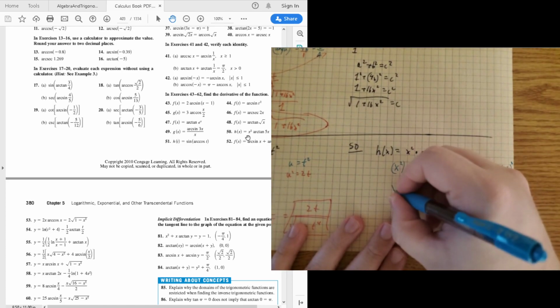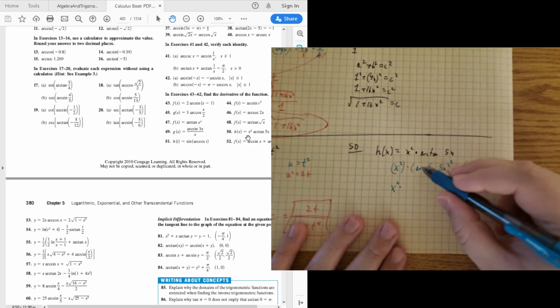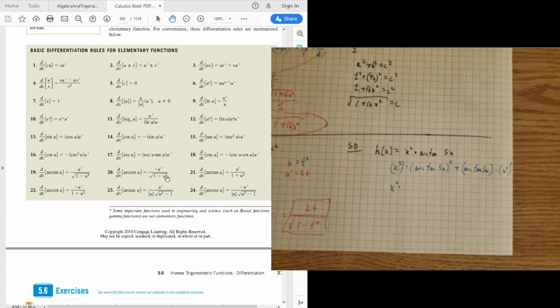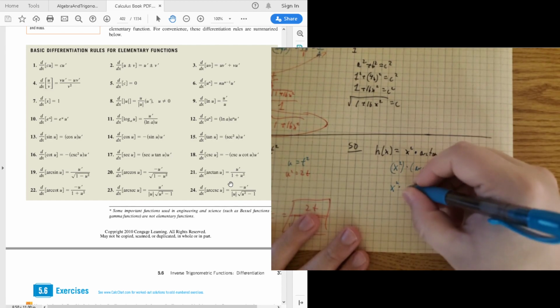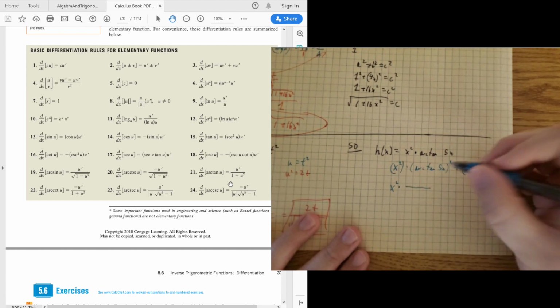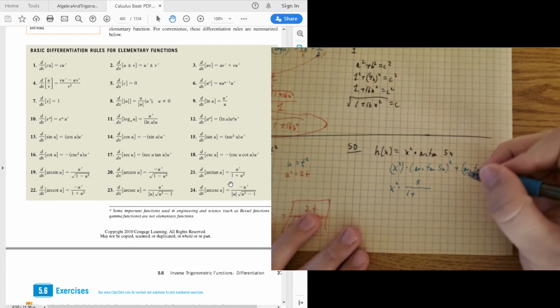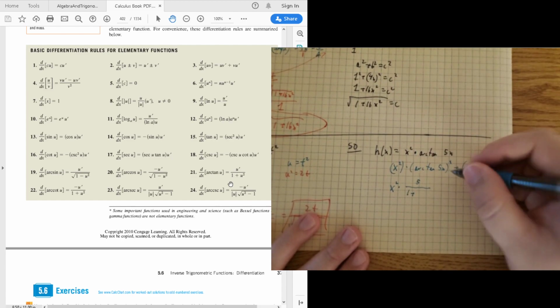Well, let's answer these parts. x squared is just x squared. Arctan of 5x. Well, I go to my list. Arctangent is right here. It says u prime over 1 plus u squared. So this would be u prime. So the derivative of 5x would be 5 over 1 plus u squared. Well, my 5x would be my u.